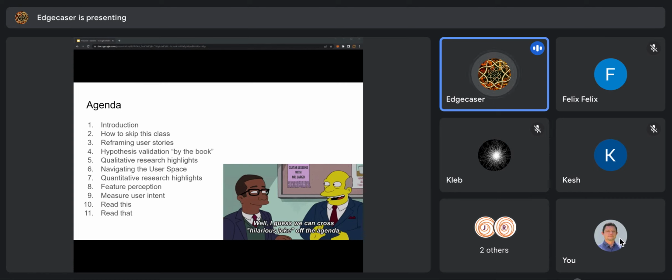We're going to talk about user stories and how they differ in terms of doing user and market research versus user stories that are used for development. I'm going to share the process I've landed on over the years, my standard way to validate user hypotheses in a problem area.